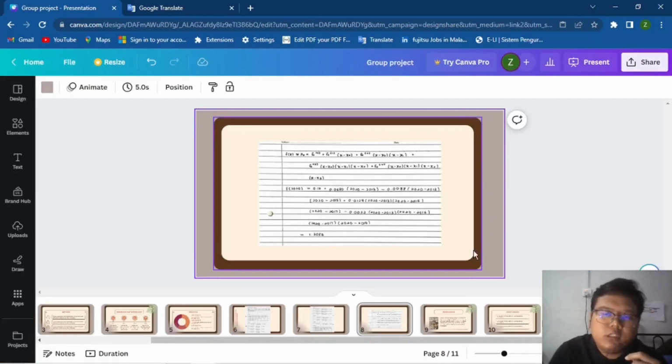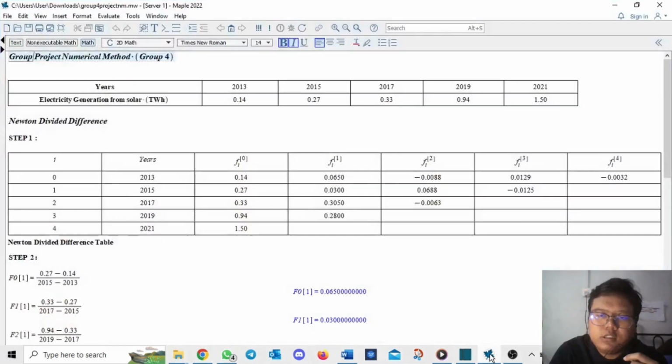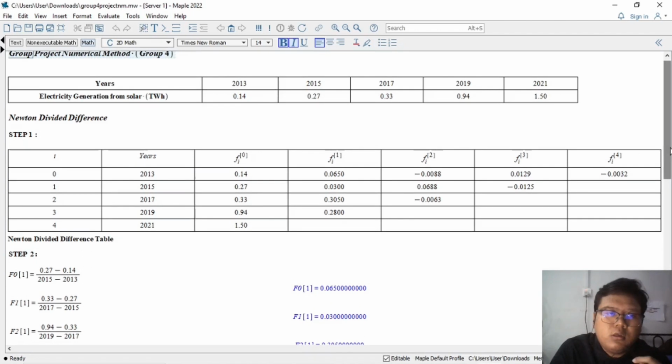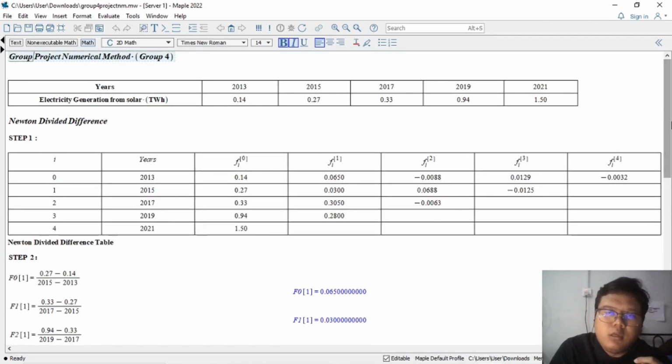For the simulation we use the application named Maple software, because it is used by us engineering students to solve mathematical problems. This is the same as the manual calculation.